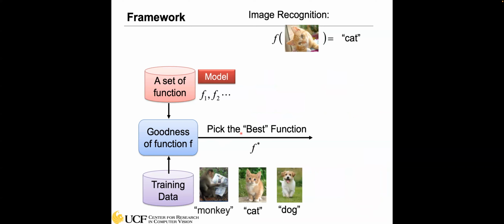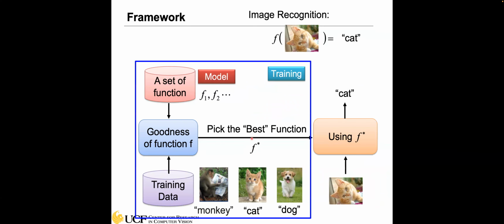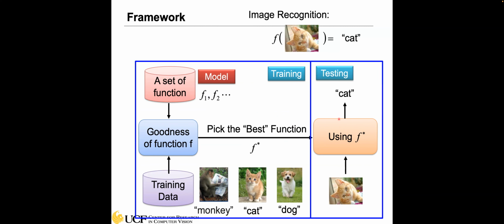The process of picking the best function is the training stage. In training, we want to pick which function gives you the best outcome. Once we have identified the best function, we can apply it in the testing stage.